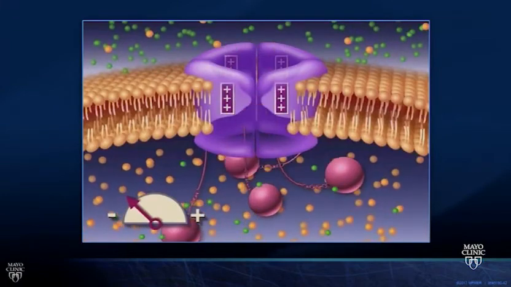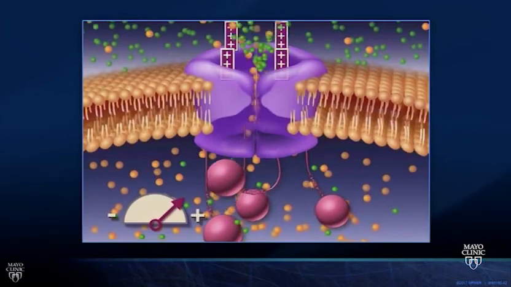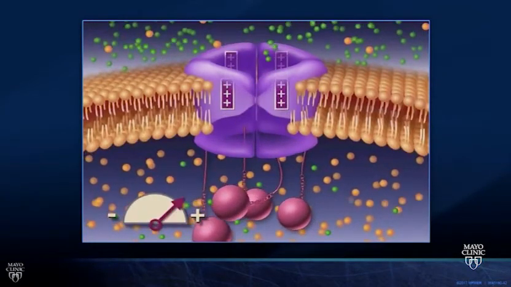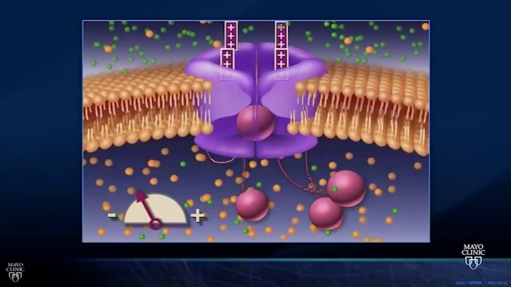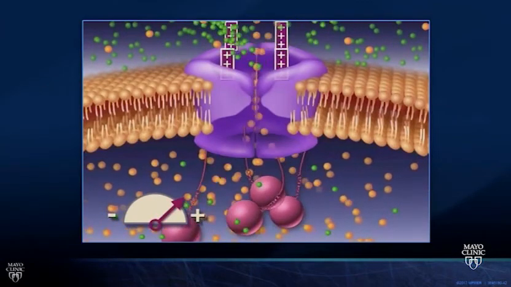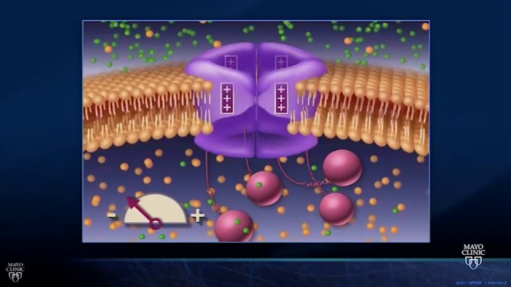We did CPVT, two-thirds leaky ryanodine receptors. And now in long QT syndrome, the vast majority, two-thirds of all long QT syndrome, are due to loss of function mutations in one of two voltage-gated potassium channels, like the voltage-gated potassium channel shown here.